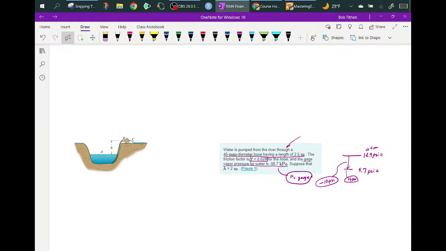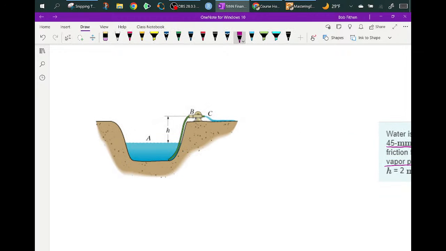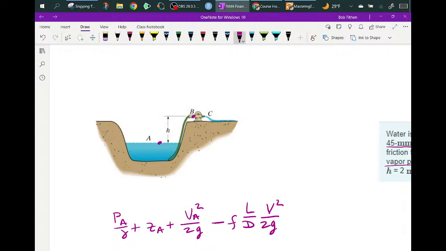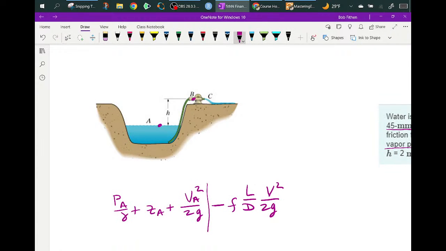So what you do is, again, you write the energy equation between A and B: PA over gamma plus ZA plus VA squared over 2g minus fL over D, V squared over 2g. This is your energy at that point.